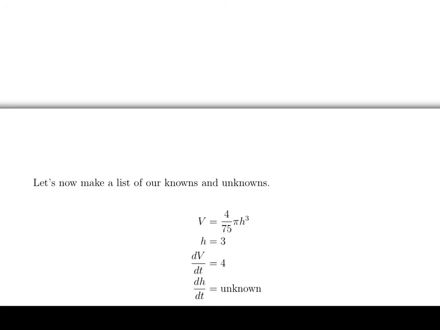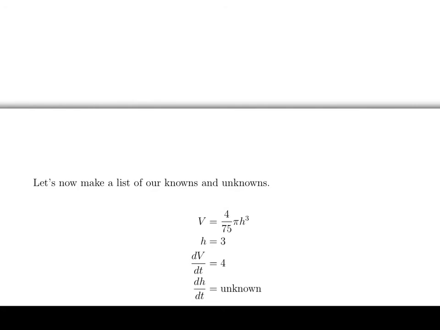Okay, so we should make a list now of our knowns and our unknowns. So our known quantities are that the volume is 4 over 75 times π h cubed. We know that the height is supposed to equal 3. We know that the rate of change of the volume is 4. That's 4 cubic meters per second of water being poured into this conical tank.